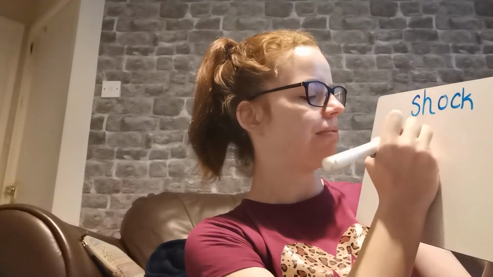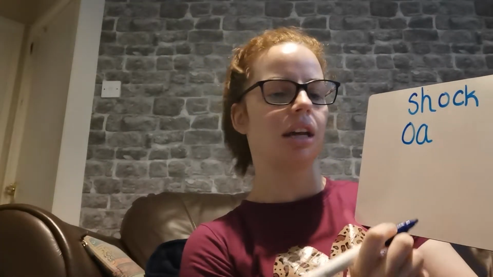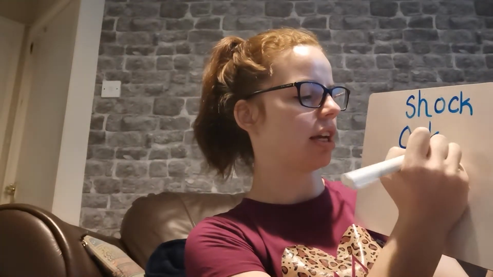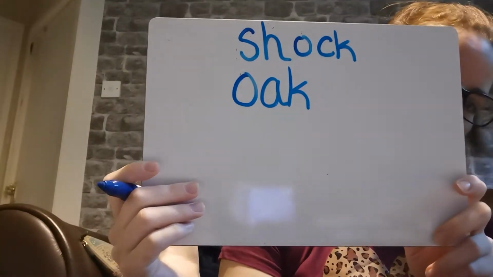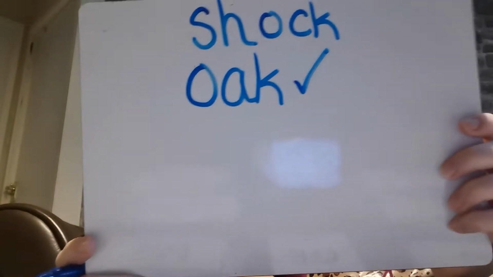All right, so we have oak. So when we write it, we have O, and then we have our k sound, our kicking k sound. So it should look like that. If you got that right, give yourself a tick. If you got it wrong, please correct it.